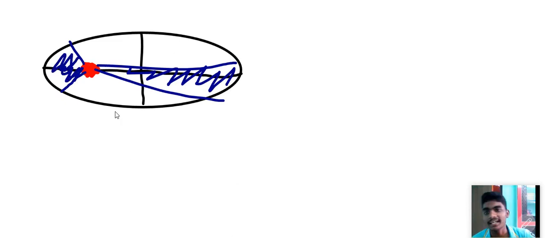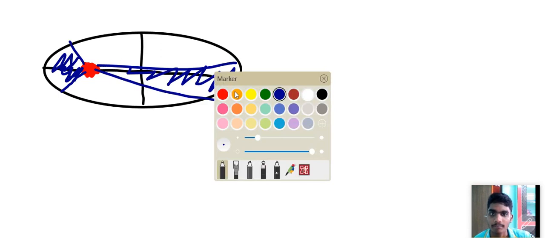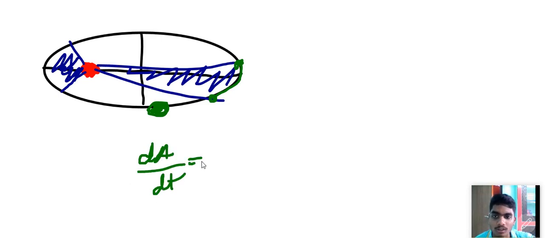The satellite which runs around this orbit, I will draw the satellite in another color. I'm using green. This is the satellite, which should run around this elliptical orbit. This is the important thing: the area crossed from here to here per unit time is said to be constant.